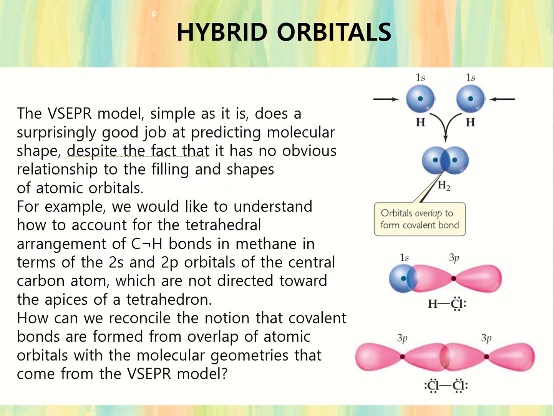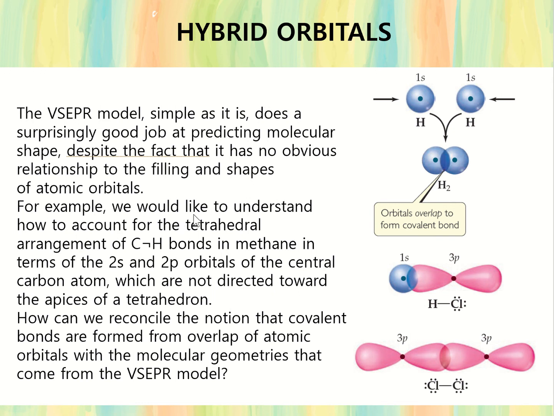All right, so the next thing that we're going to talk about is hybrid orbitals. The VSEPR model, simple as it is, we went through it some time ago, does a surprisingly good job at predicting molecular shape, despite the fact that it has no obvious relationship to the filling and shapes of atomic orbitals.